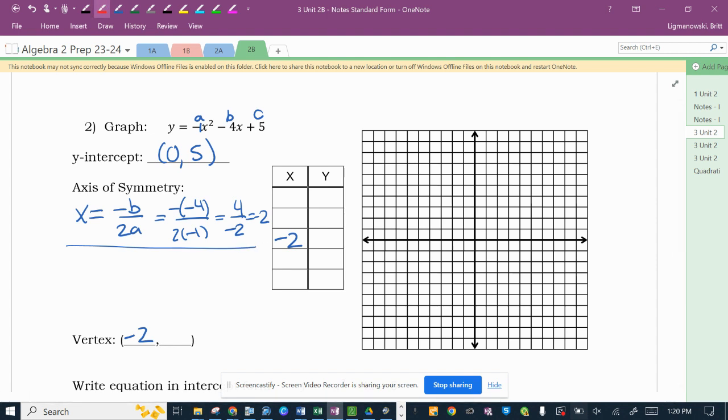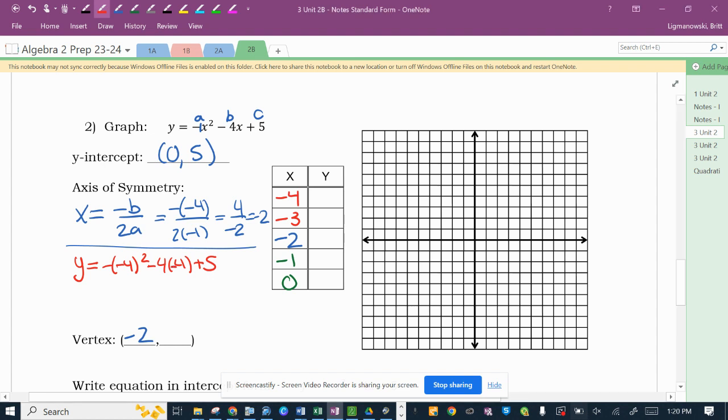Now I'm going to build my table with two numbers that are smaller and two numbers that are bigger. Now, again, we could use the table feature on our calculator or in Desmos. I don't have those open right now, so I'm going to plug each of these in by hand. So we're going to plug those in the calculator with all the parentheses.